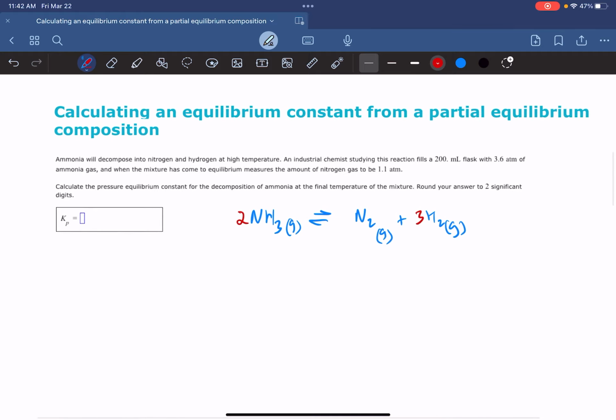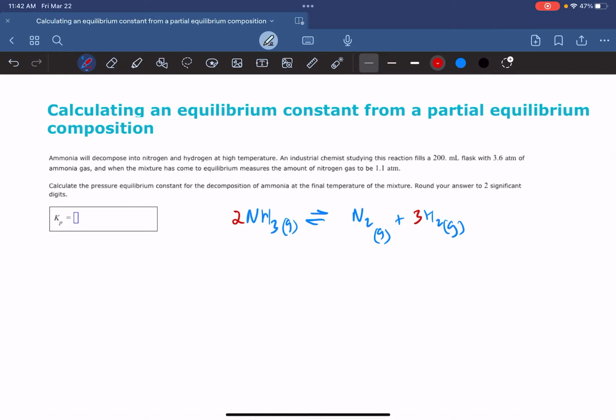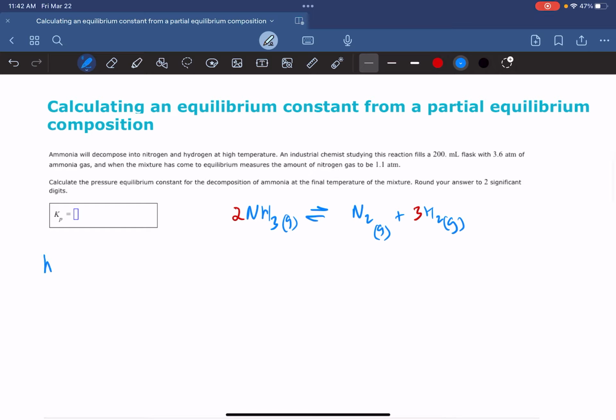That allows us to write our K expression, which I'm going to write right away so we have it at our disposal. Kp is equal to, remember, it's always the products raised to their coefficients over the reactants raised to their coefficients. But since it's a P, we're going to write the P first.